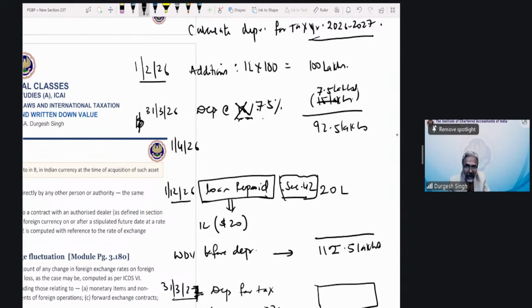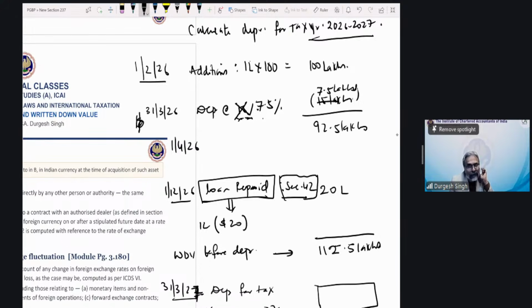Half of the normal rate of depreciation is applicable when the two conditions are satisfied. And which are those two conditions? The asset must have been purchased during the year and it is put to use in the same year for less than 180 days.